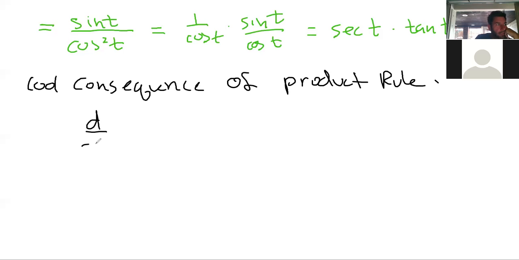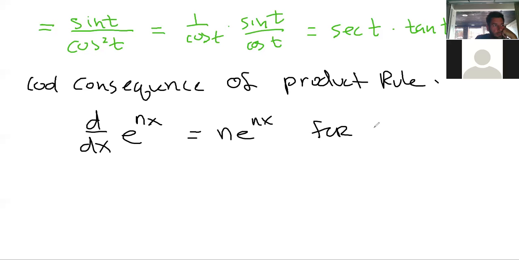If I have the exponential function not just raised to the variable, but raised to an integer times the variable, the derivative equals n e to the nx for any integer n. So this looks like the power rule, but it's not.